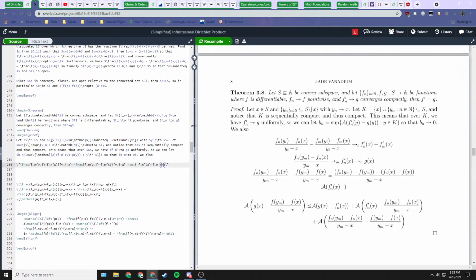And as n and m are very large, this will then tend to 0 uniformly.